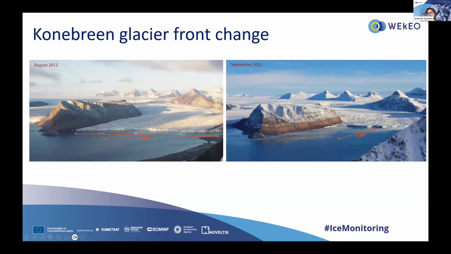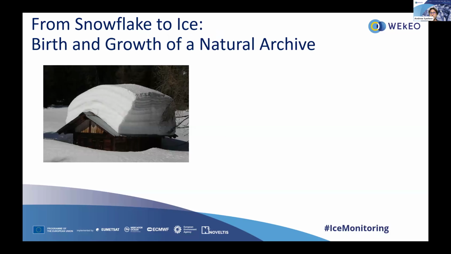And here is another picture, taken at the end of the summer in 2022. This is the difference we see in only 10 years. So the archipelago and its glaciers are changing quite fast and quite a lot, and you can see with your own eyes the changes occurring in the cryosphere in this area.